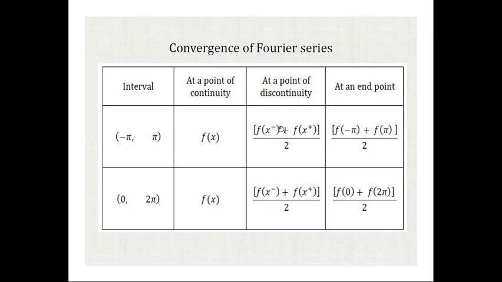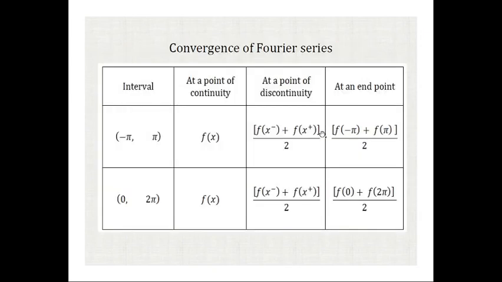So if x is a point of discontinuity, that means the function is not continuous at the given point, then it converges to the left hand limit plus the right hand limit divided by 2, the average of the left and right hand limits.